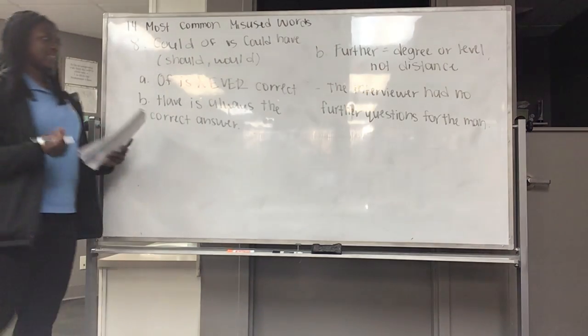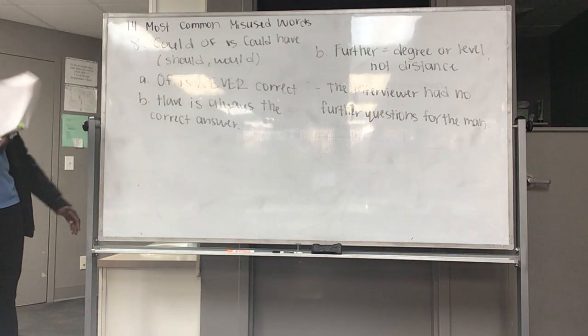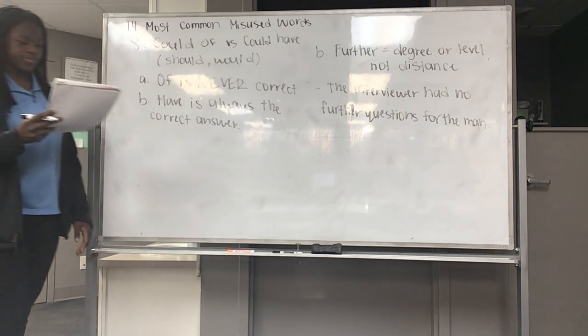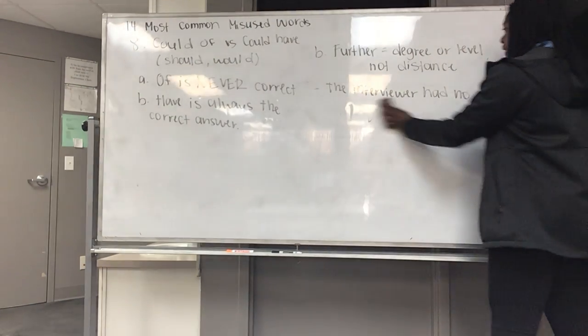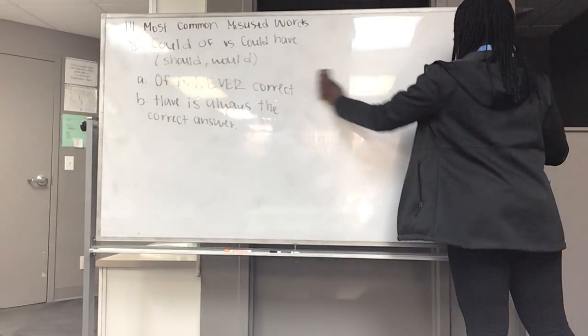If you see a question asking about could have or should have or would have on the ACT, that could be a really easy point because "of" is never going to be correct. And that was all for that one. So we'll move on to the next pair or set.